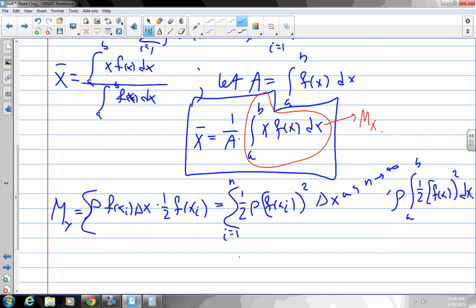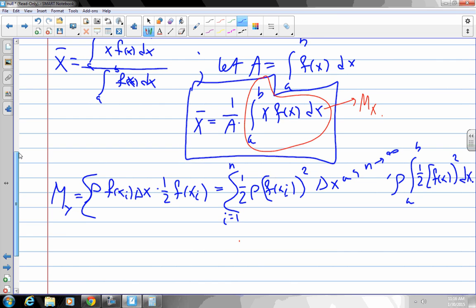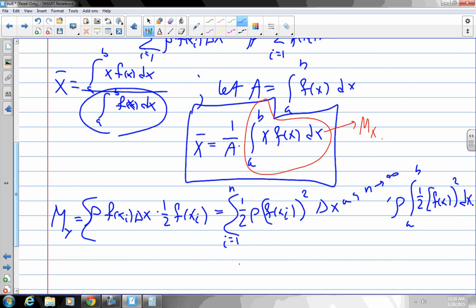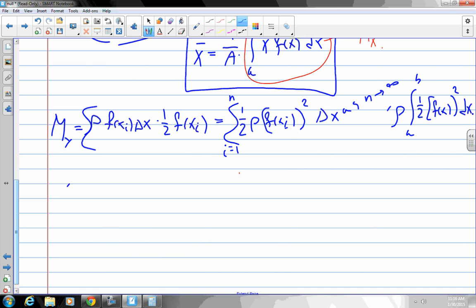When you divide by the total mass, the rhos will cancel, so we'll get this formula. It's the integral from a to b, 1/2 the function squared dx, over the integral from a to b, f of x dx, which is the total area under the curve.